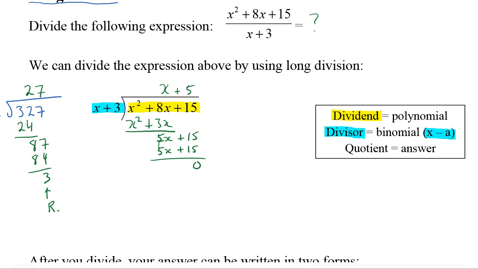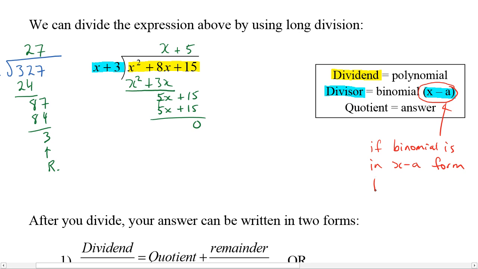So if the binomial is in x minus a form, then in this question a was equal to minus 3. Does that make sense? So the opposite of whatever that 3 is, is our a, and that's a little bit of foreshadowing that's going to come up in a bit.